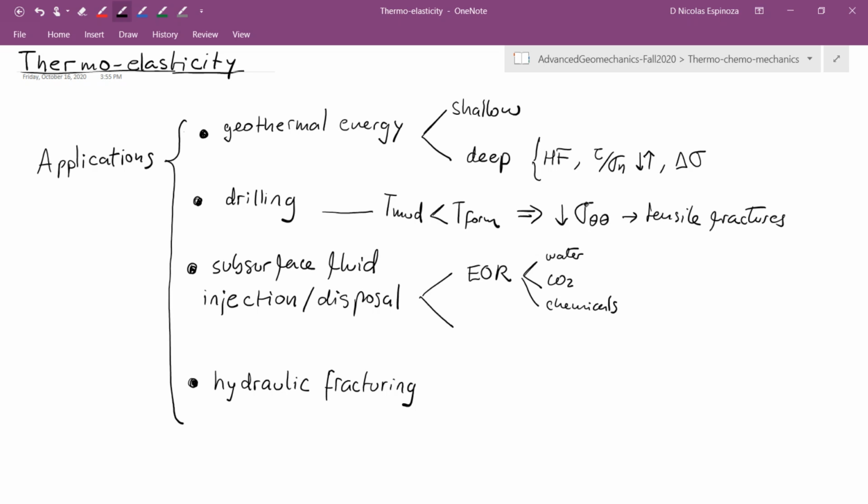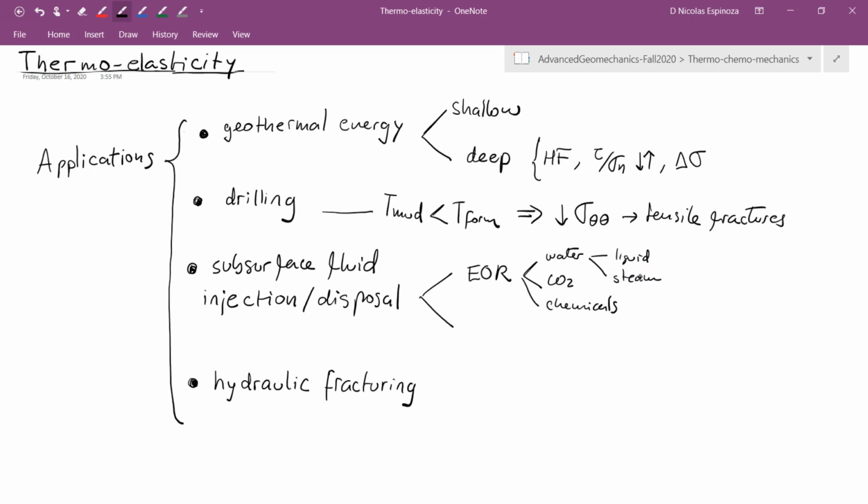Sometimes, as we saw in the previous case with the drilling mud, it could be lower. The temperature of the injected fluid is going to be lower, and this happens, for example, in water flooding. But there are some other cases in which, in order to reduce the viscosity of oil, you could inject water at a very high temperature, even in the vapor phase.